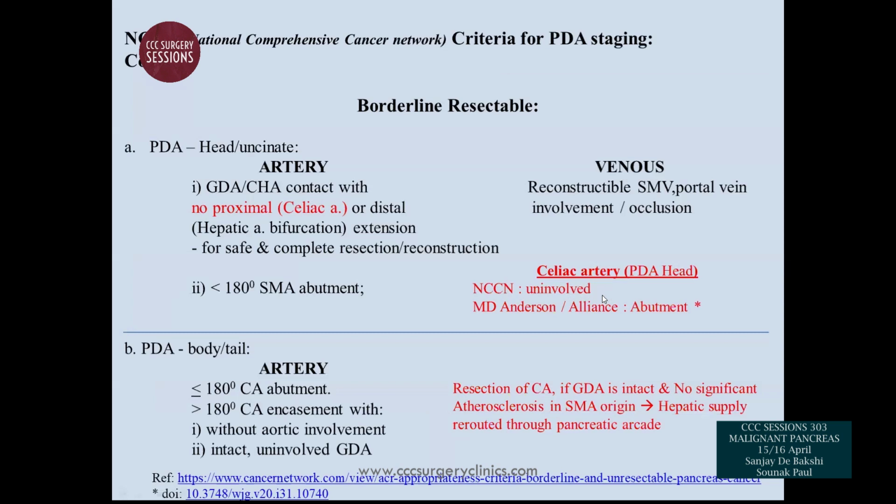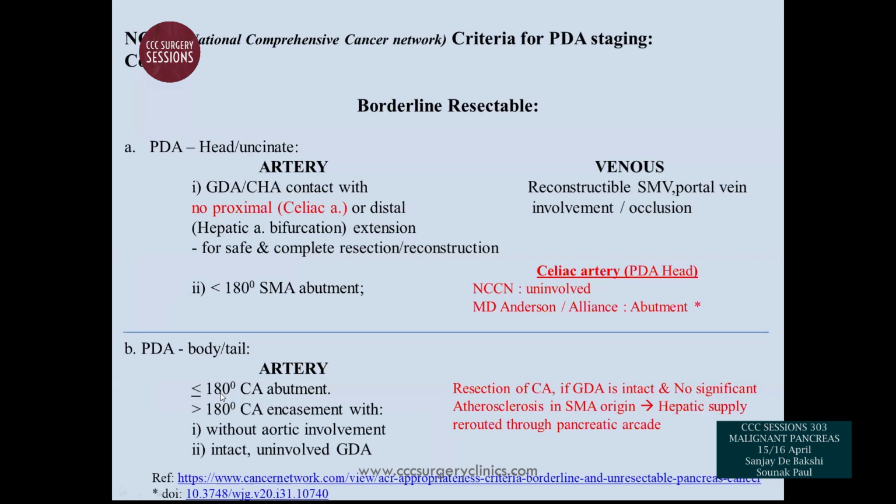So coming to the debated borderline resectable category, we will again go to the body and tail lesions because that's an easier topic. We'll finish it first. Any abutment of the celiac artery, that is less than 90 degree, less than 180 degree involvement of the celiac artery by the body and tail mass, is borderline resectable.